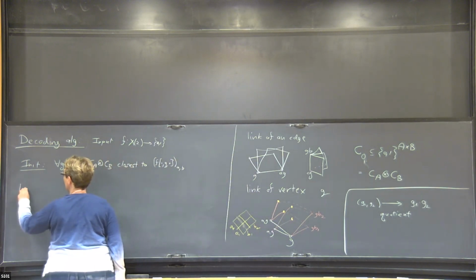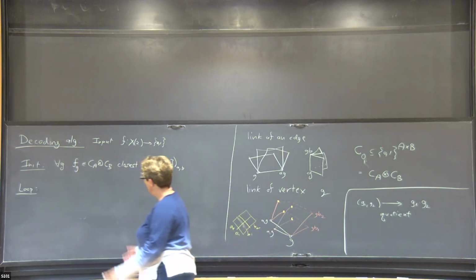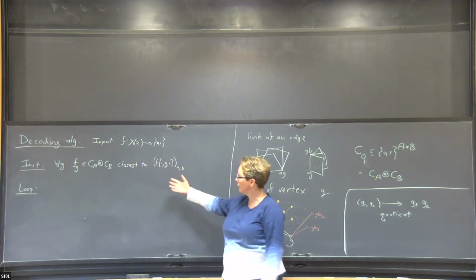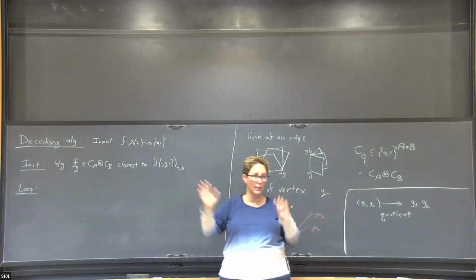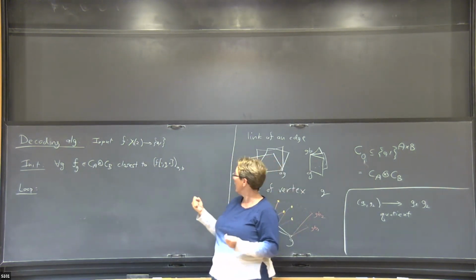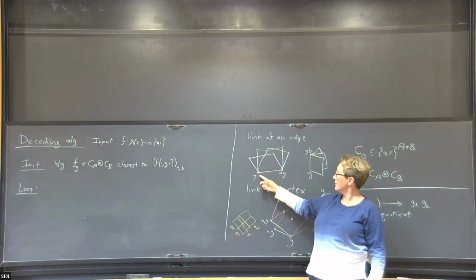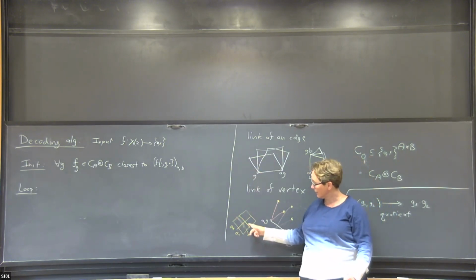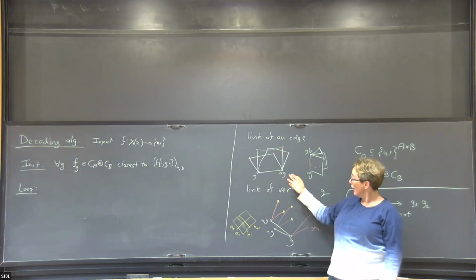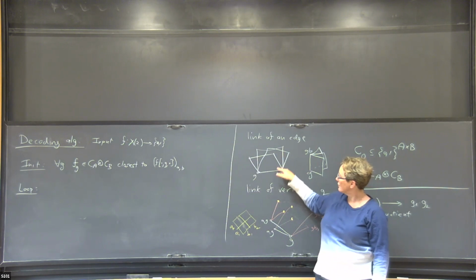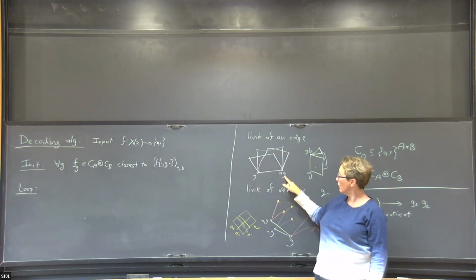Okay, so now I want to do some loop, but to do the loop, I need to talk about the set of disputed edges. If I think of the one skeleton of the graph, so just vertices and edges, and I have a g and a neighbor of g, ag. Okay, g has some local view, it looks like this matrix, and ag has some local view, it also looks like this matrix. But they share some squares, right? This square is in the local view of g, and also in the local view of ag.